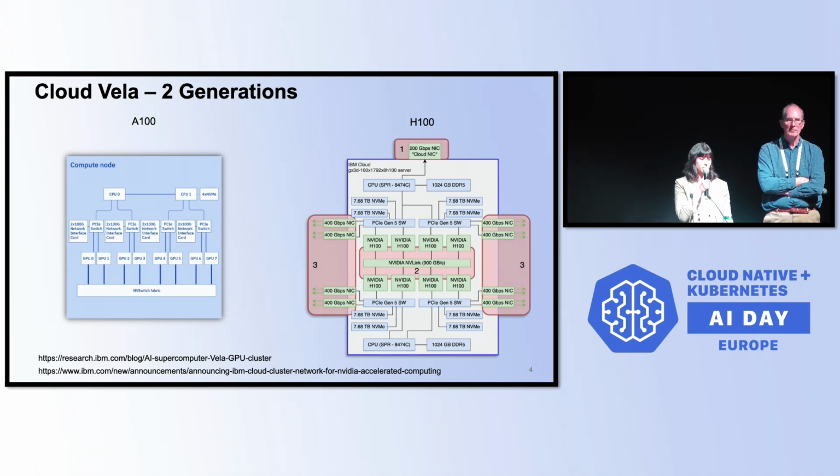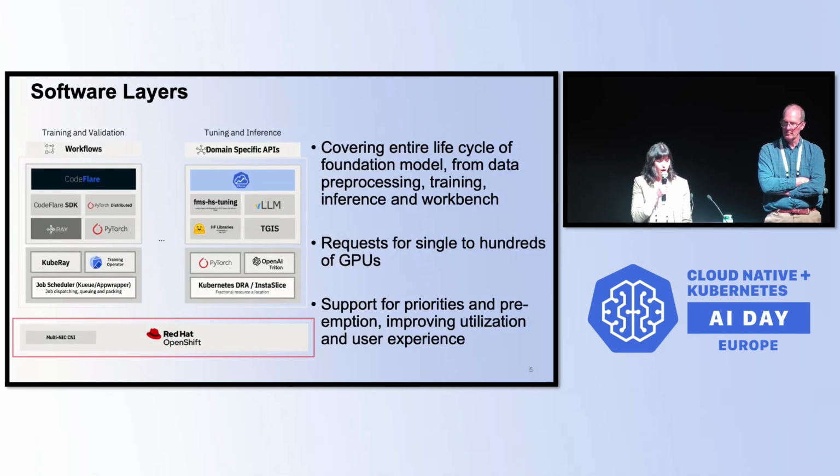We ramped that up to 3.2 terabit per second. We have storage that is about twice the size of the previous Vela generation. And yeah, those are the clusters where we are running our training and inference workloads.